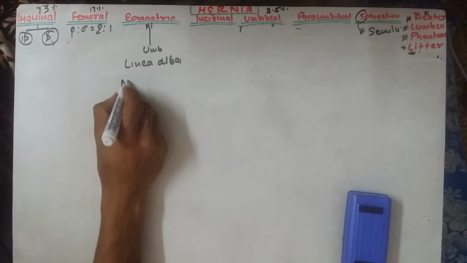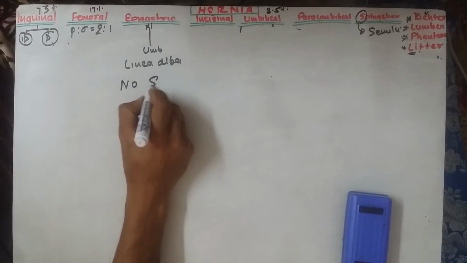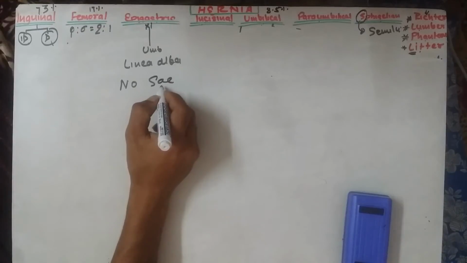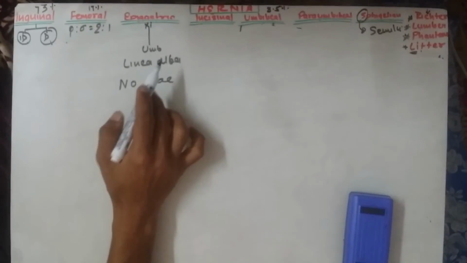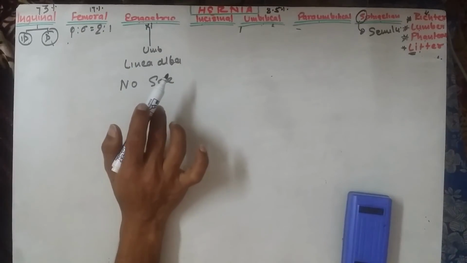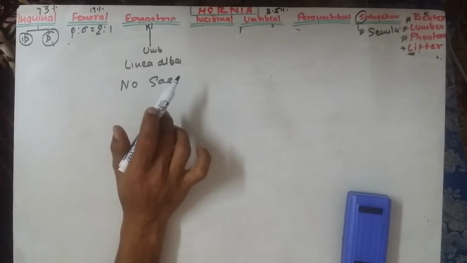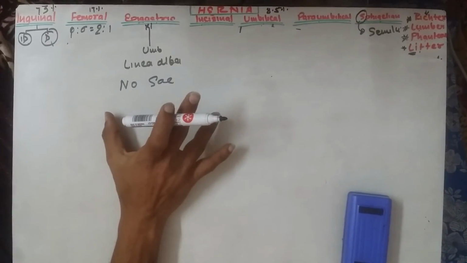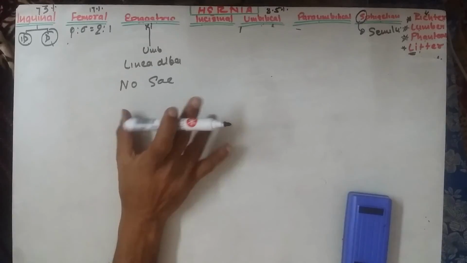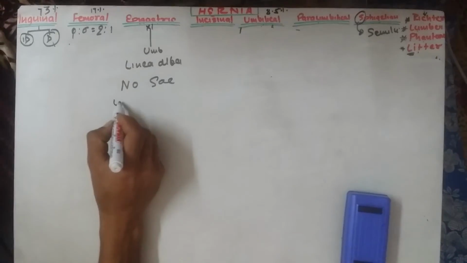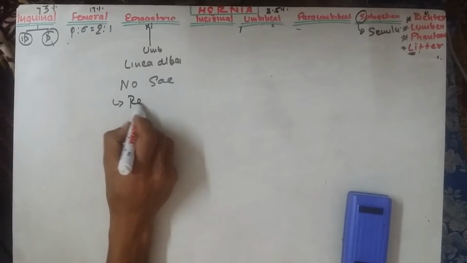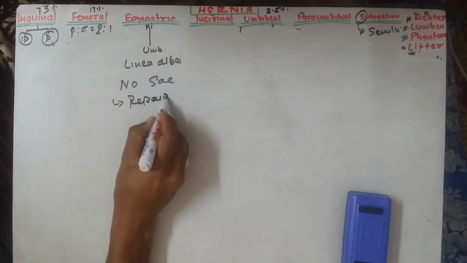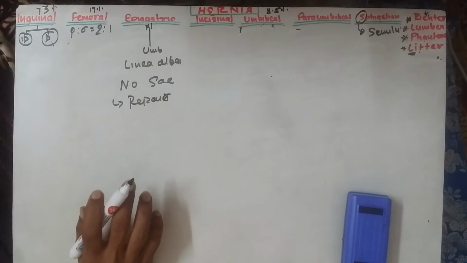There is no sac in case of epigastric hernia, and the swelling is midline as the name suggests. It is in the epigastric region, and for the treatment the sac is approached through a vertical incision, and the defect is usually closed by non-absorbable suture. Just the repair is performed in case of epigastric.